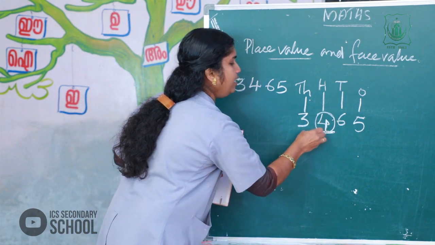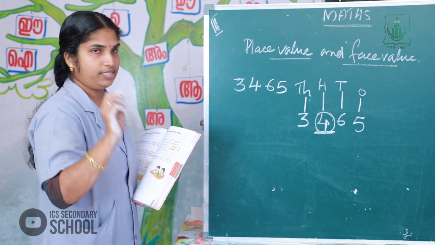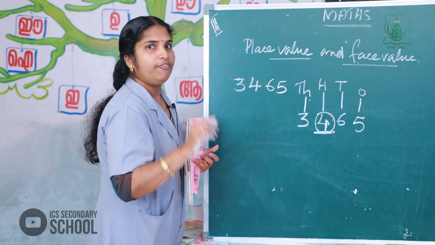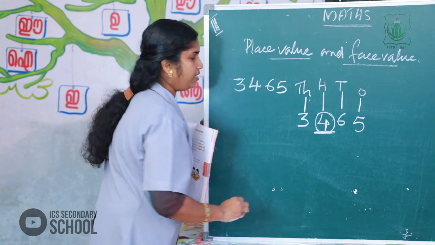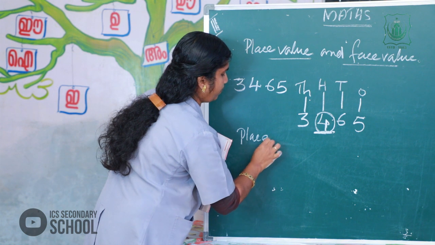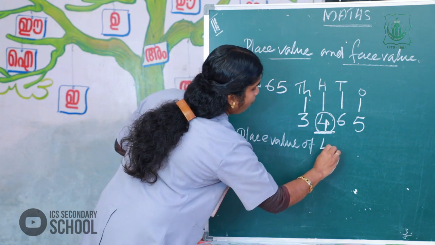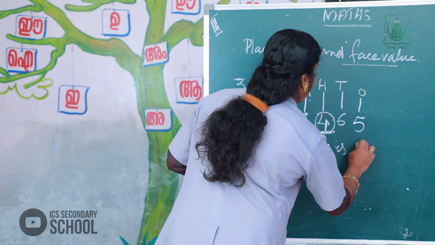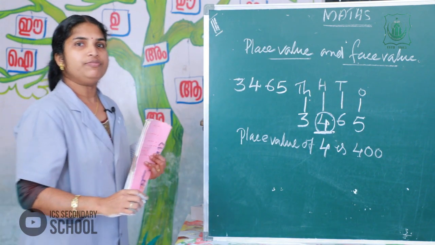So we write 400. Place value of 4 is 400. Okay, the face value.